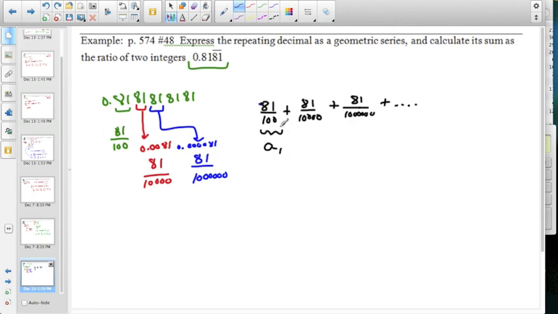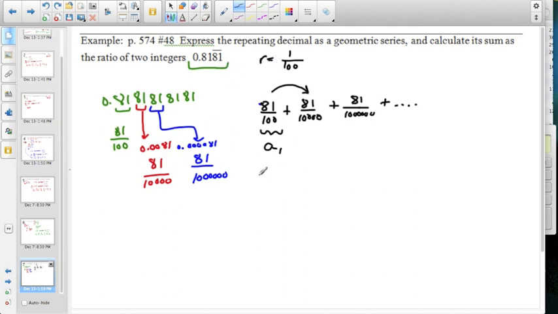So if we look at that, then this first term here is really my a sub 1, and what do I have to multiply by to get from here to here? Well, the top doesn't change at all. So to get from 81 to 81, we multiply by 1. To get from 100 to 10,000, we multiply by 100. So our common ratio then is 1 over 100.